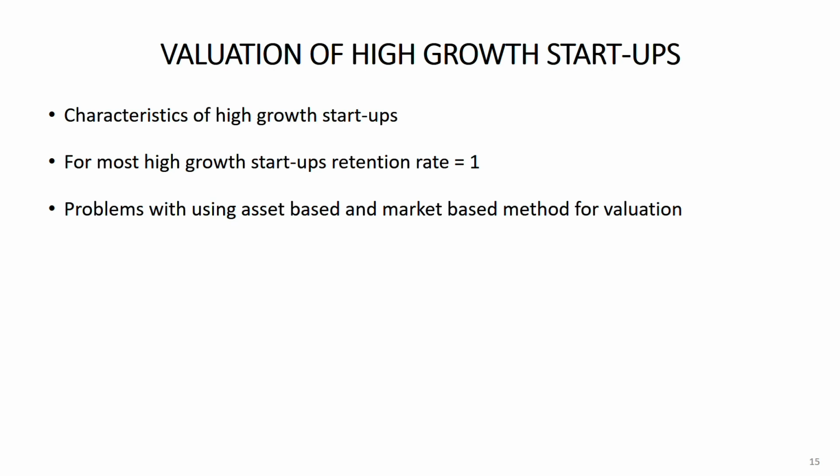Can they do any of this? They don't have a track record. I told you one of the characteristics of high growth is they don't have a track record. Also, it's hard to compare this company with anyone. It's hard to find a company in a similar stage to this high growth startup so that you can take the price earnings ratio. It's difficult to compare.